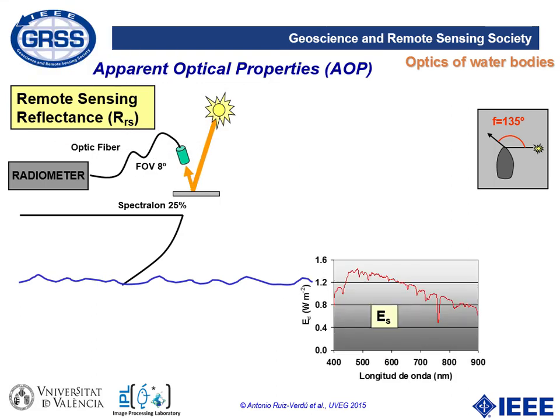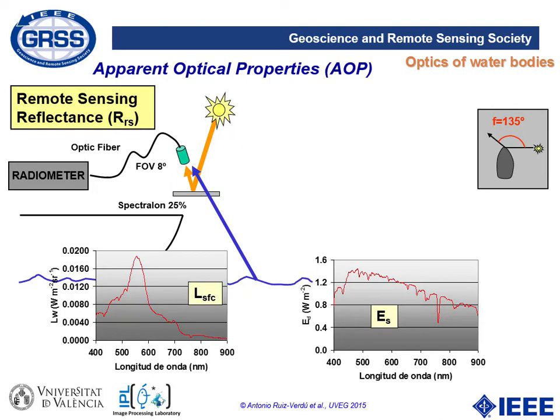So first we will measure the incoming solar irradiance, and here we have an example of a typical spectrum of solar irradiance in the visible and near infrared range from 400 to 900 nanometers. Then we measure the observed radiance coming from the water surface. As you see here, we use units of radiance.